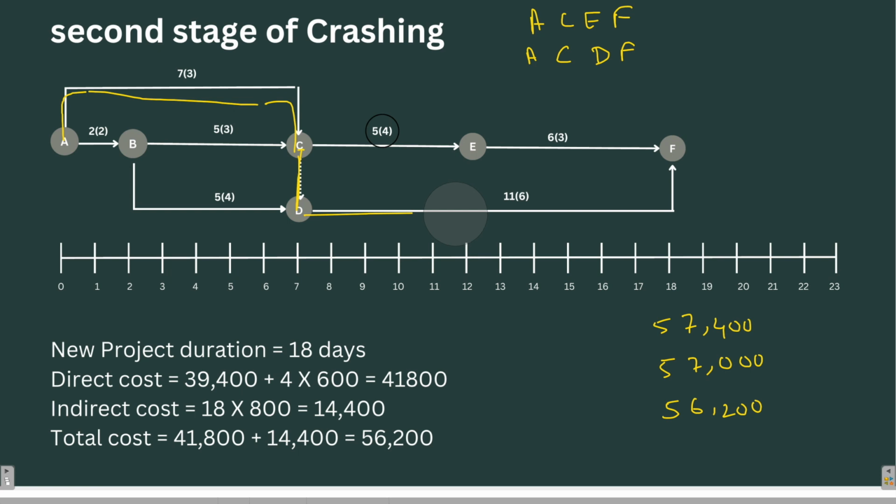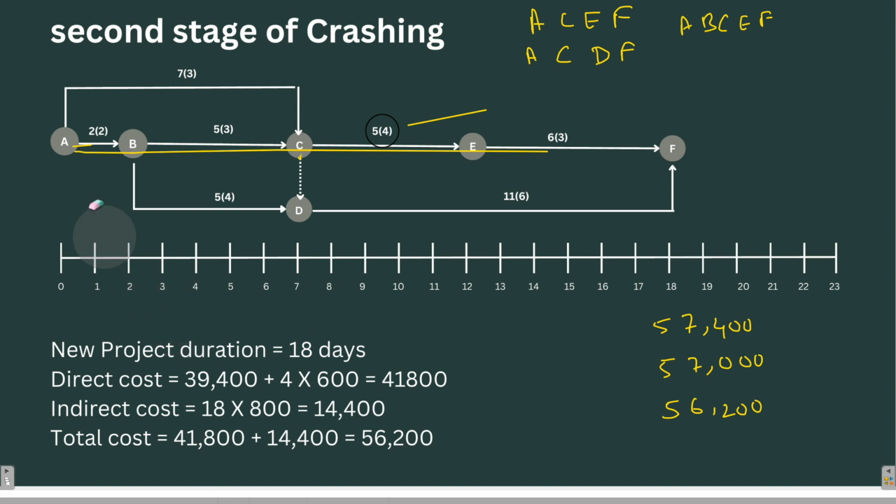So any path can be crashed now. All are critical paths because no float is present anywhere. A, B, C, E, F, this one, straight line, is another critical path.